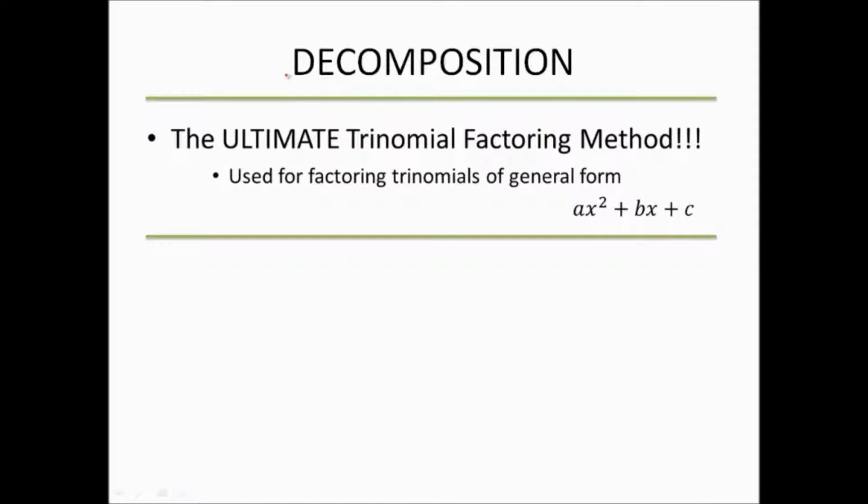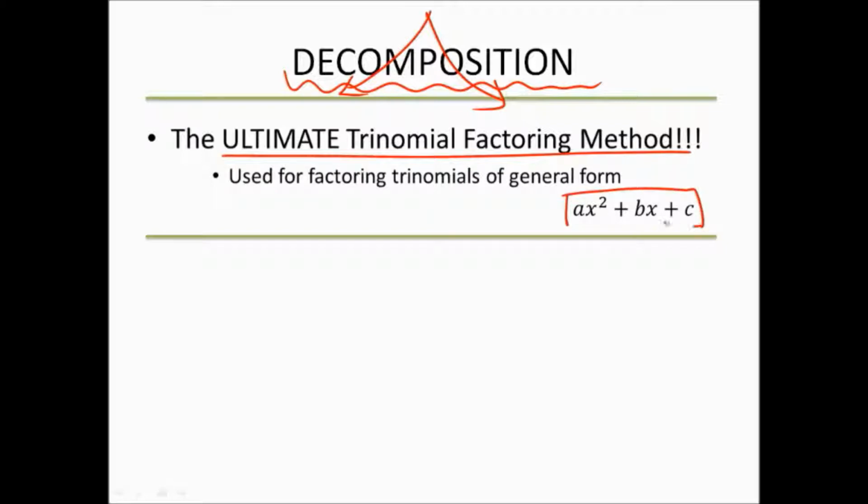So what we just described is called decomposition. You're decomposing the middle term into two items so that we can use grouping. It is the ultimate trinomial factoring method because it will work on any trinomial ever. So it is your backup method.